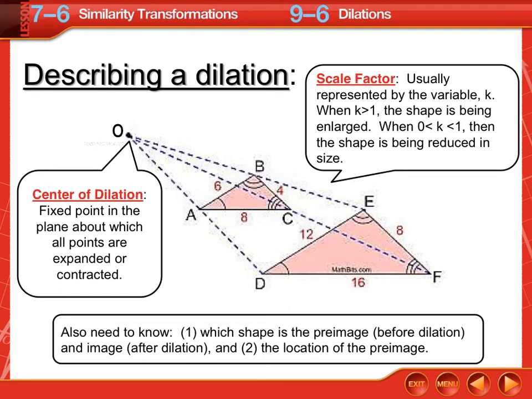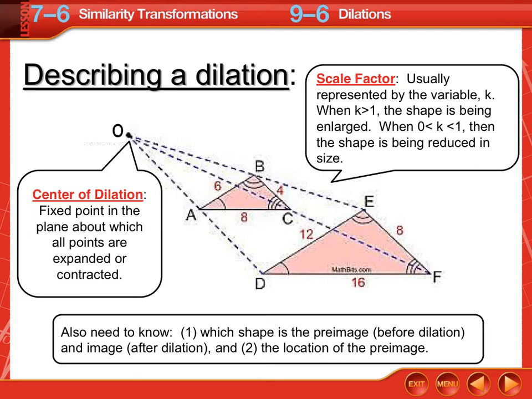So in order to describe scale factor for a similarity transformation, we need to know what the before image is and what the after transformation image is. The reason why is because that scale factor is really going to determine whether or not we have an enlargement or a reduction.